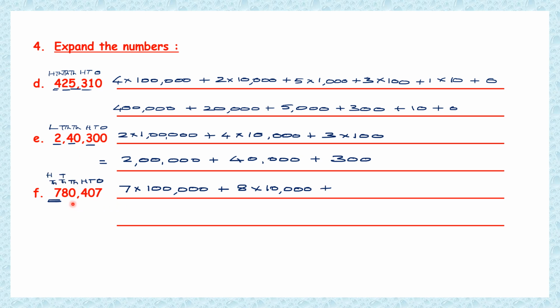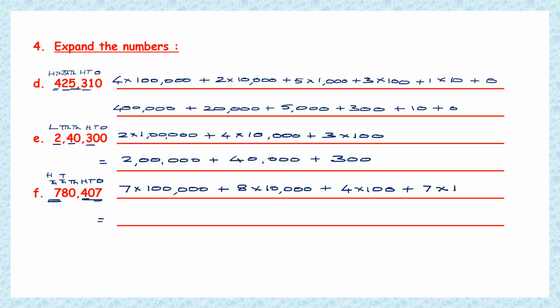Now the next digit is 0, so we can leave it out. We can go to 4 and 4 as you can see is in the hundreds place. So we say 4 into 100 plus. Let's go to the next digit. 0 is in the tens place, so we don't have to write 0. We can go to the next one, which is 7. And 7 is in the ones place, so 7 into 1. Now let's multiply all these.